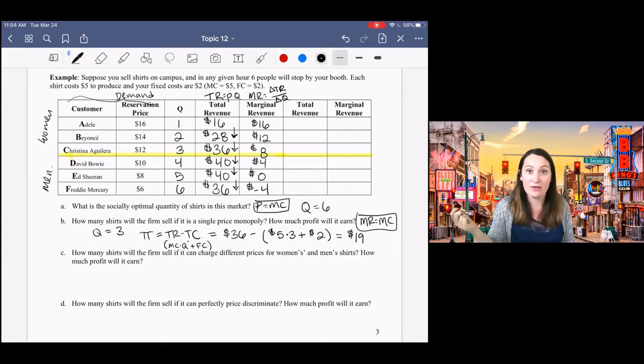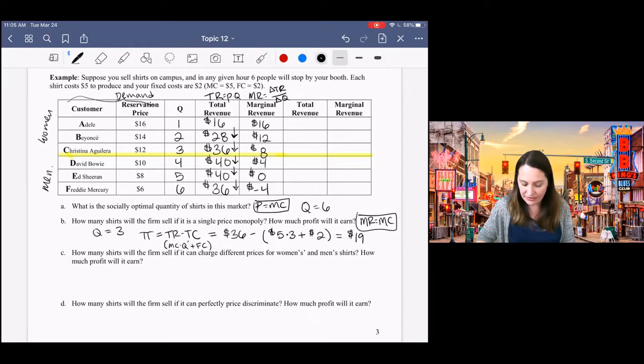And you'll notice if you ever go to buy a t-shirt at a concert or something like that, the women's t-shirts will cost more than the men's t-shirts. Why? I don't know. Women are, I guess, on average, willing to pay more for clothing than men. It doesn't have to do with the cost of the t-shirt. So this is a good example of price discrimination.